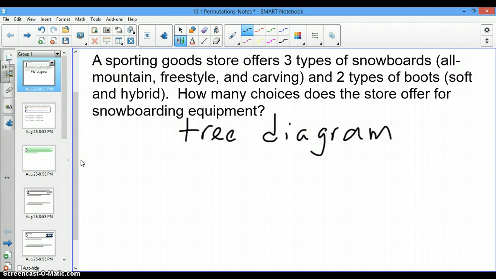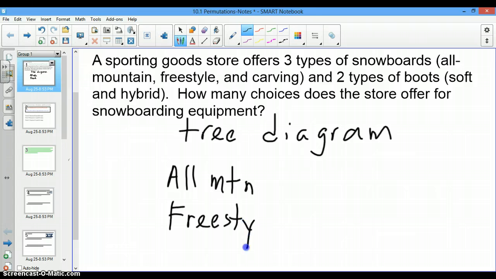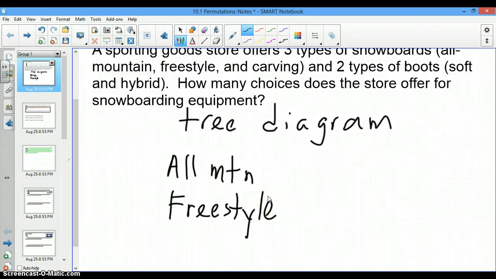So if we label these, the 3 types of snowboards, well, there's all mountain. Now I'm just going to abbreviate it. There is freestyle. And then there's carving. Now, there's those 3 different types of snowboards.